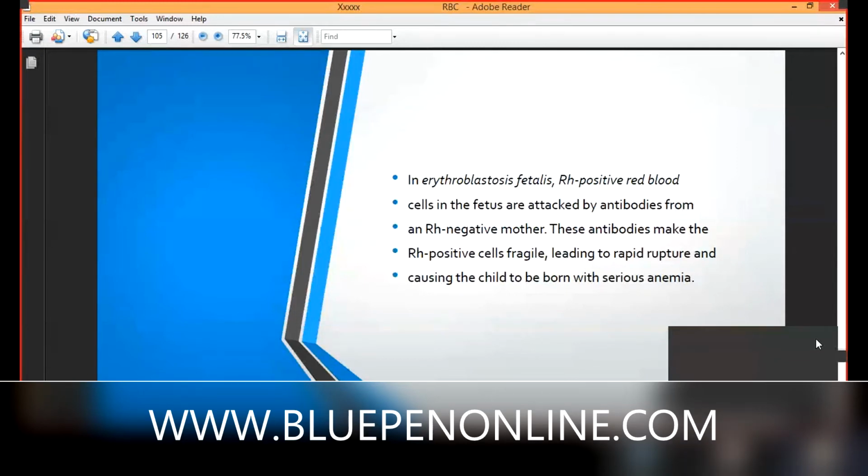So, anemia caused by blood loss, post-hemorrhagic anemia, in this acute and chronic anemia. Then the hemolytic anemia: hereditary spherocytosis, erythroblastosis fetalis, and sickle cell anemia.